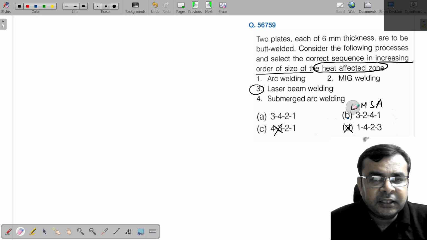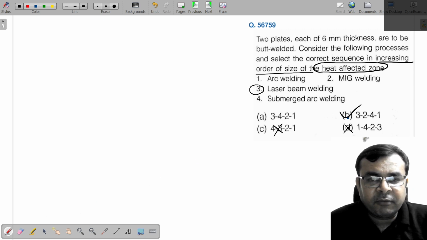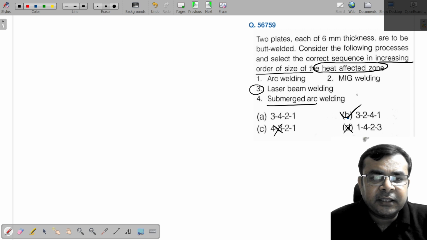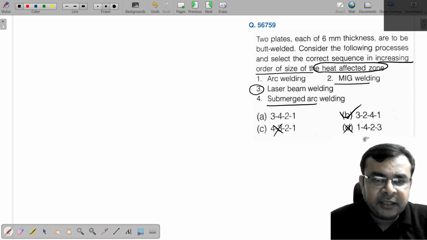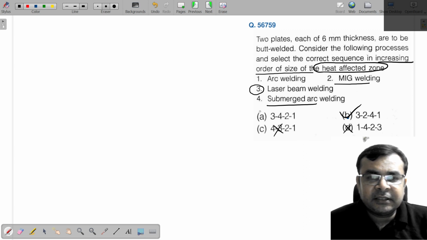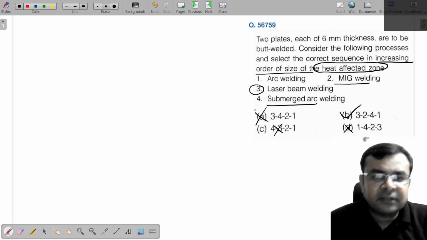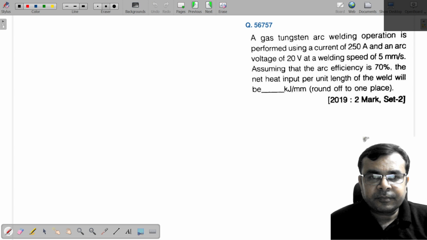Yes or no? Yes, so the correct answer is option B, not option A. Why? Because heat affected zone in submerged arc welding is larger than the MIG welding. Is it clear? Submerged arc welding में heat affected zone MIG welding से ज़्यादा मिलने वाला है. That's why this is the wrong answer.